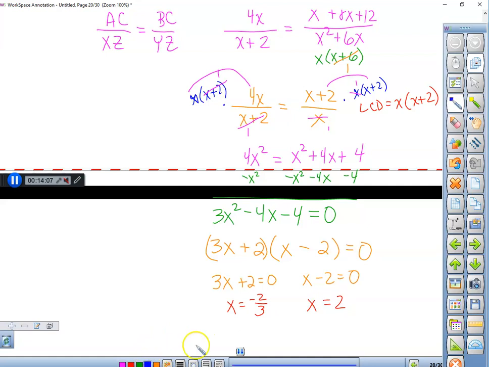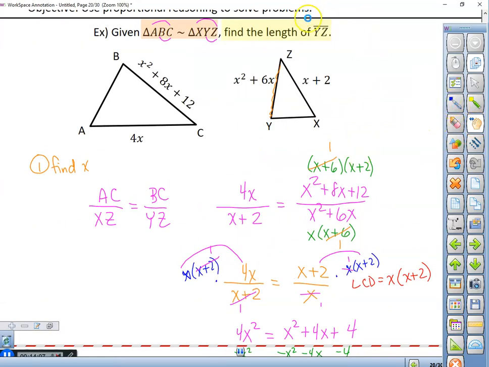So now we're to the point where we need to use these x's to see what happens in calculating the length of the line segment, or the side of the triangle that we want, which is YZ, which is our x squared plus 6x. So don't make the mistake of thinking a negative number wouldn't work. It's always possible, especially when you have squared quantities, that when you add them together you end up with a positive number.